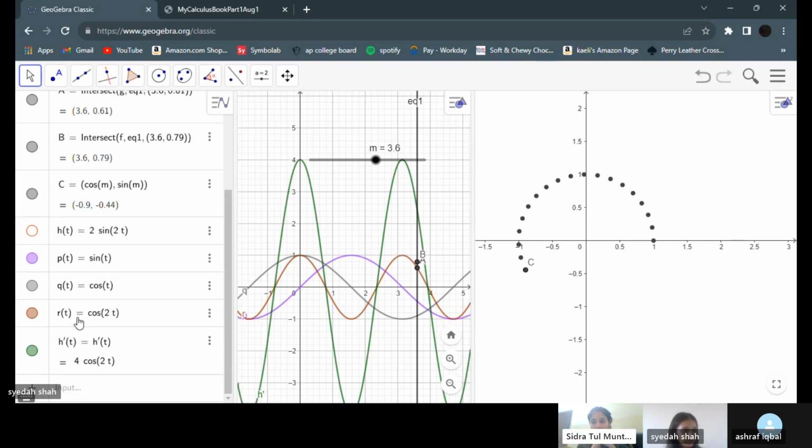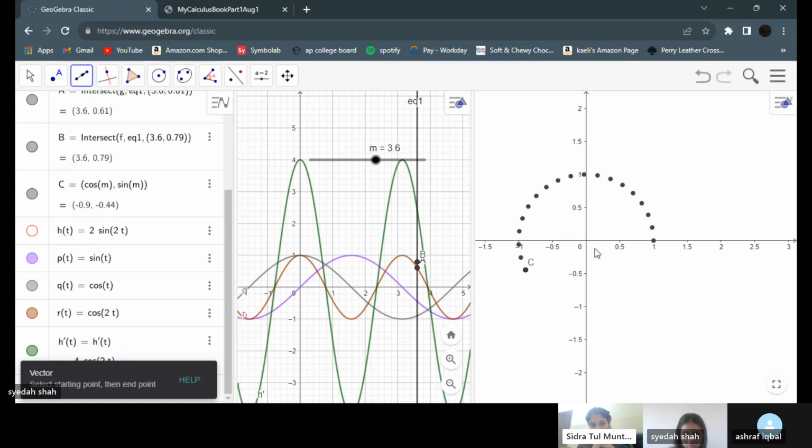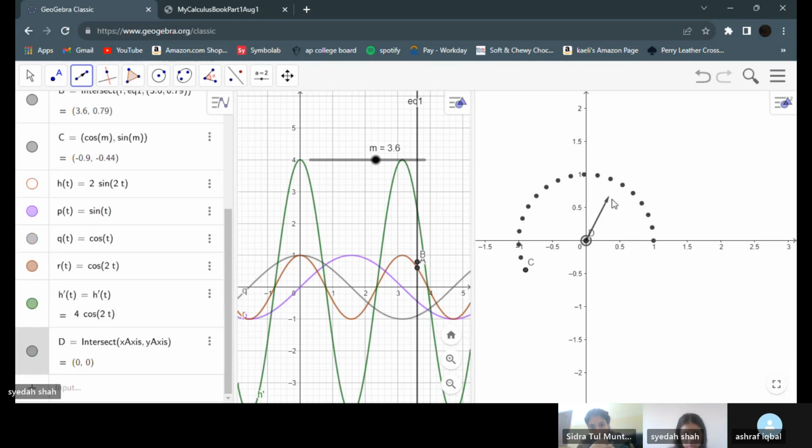Now make two vectors in the first quadrant, and those vectors must start from 0. A little bit more.